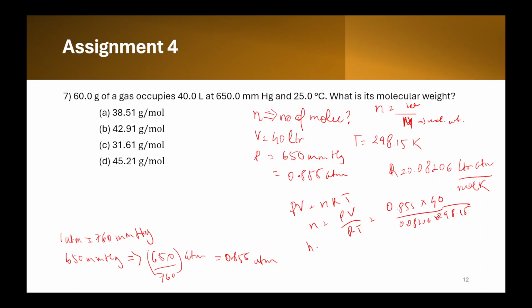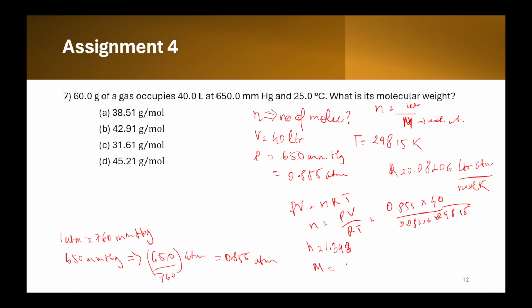So the number of moles will be 1.3978 moles, or 1.398 moles. Given the weight, we know what the molecular weight will be.